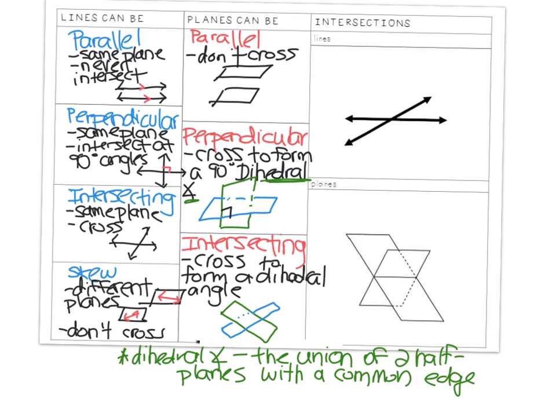Now, intersections of lines. Lines intersect at a point. So if I have line L and line M, they intersect at point P. So lines intersect at a point.